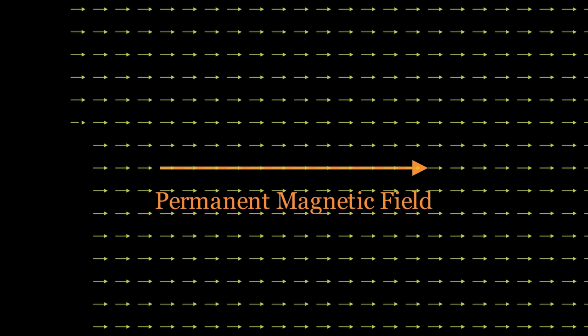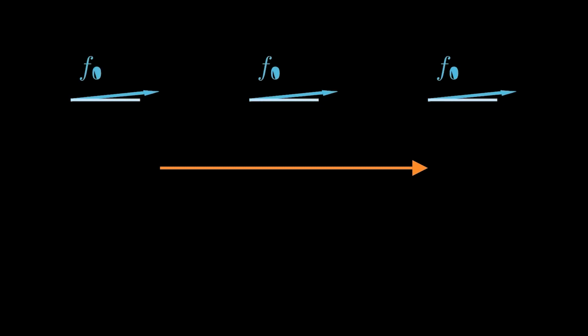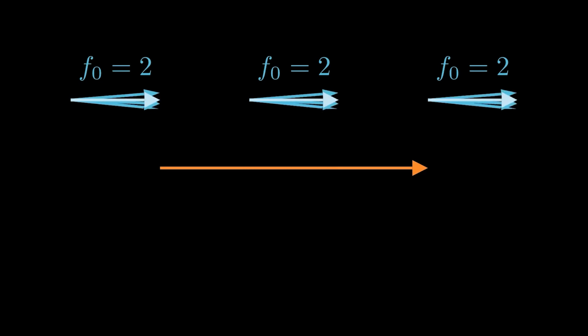Next, we add a B1 field perpendicular to the B0 field. This field exploits the resonance phenomenon, which works much like pushing someone with their eyes closed on a swing. Only if there's synchronization between the push and the swing will there be an efficient transmission of energy.